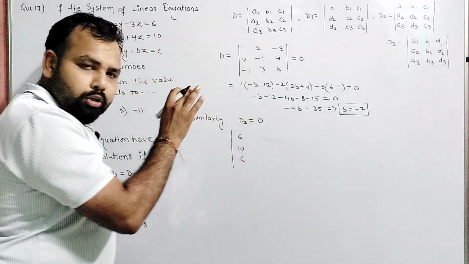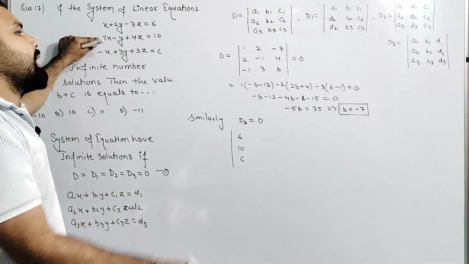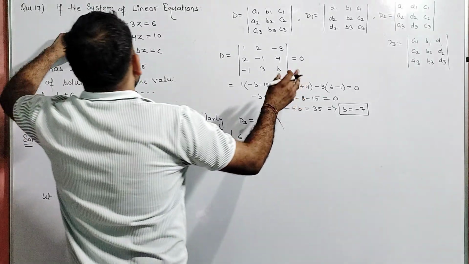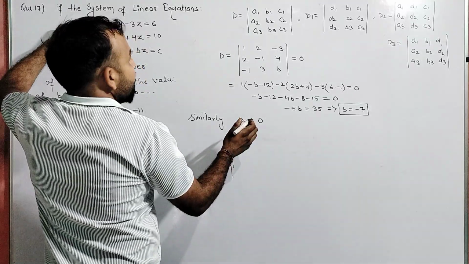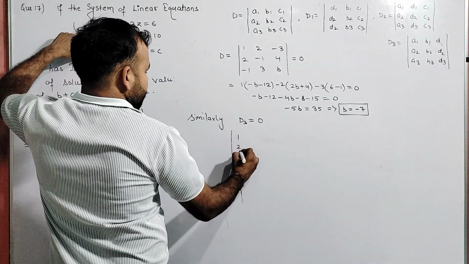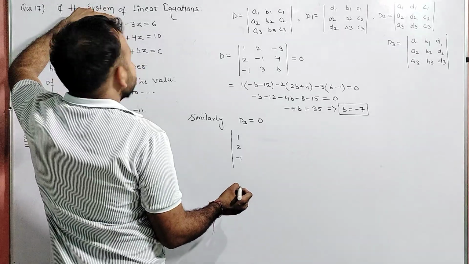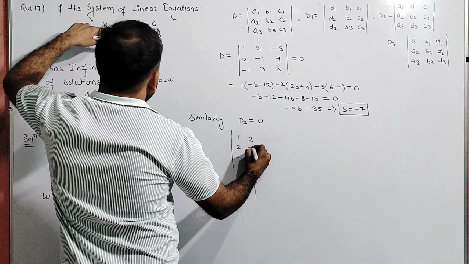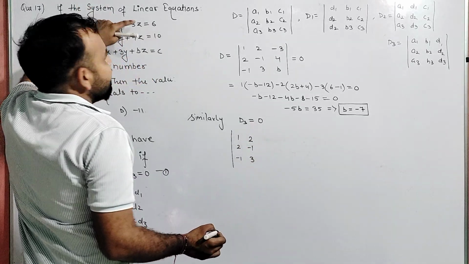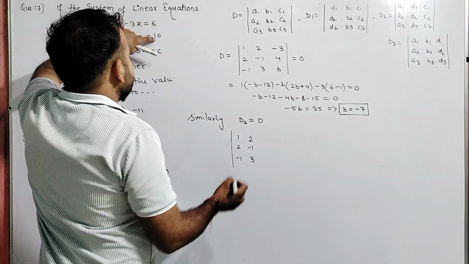No doubt, you can also calculate D1. I am going to directly calculate D3. In D3, you can see that the first row is all about a1, a2, a3. That means 1, 2, minus 1. The second row is also the same, 2, minus 1 and 3. And the third one, D3, 6, 10 and c.